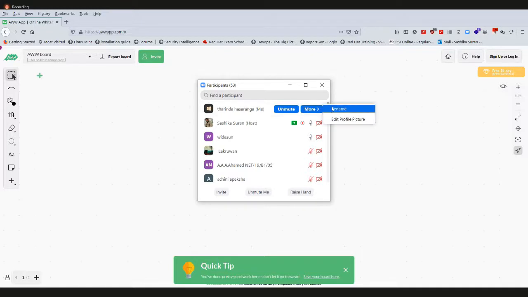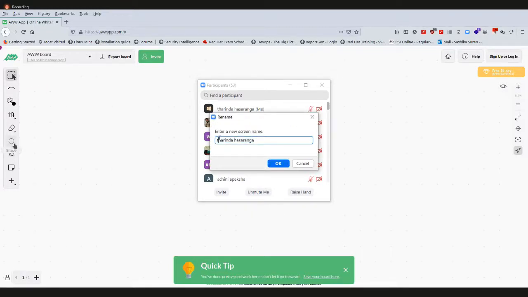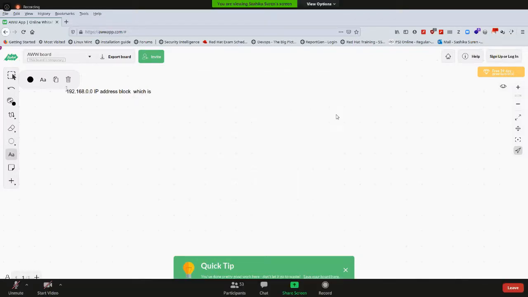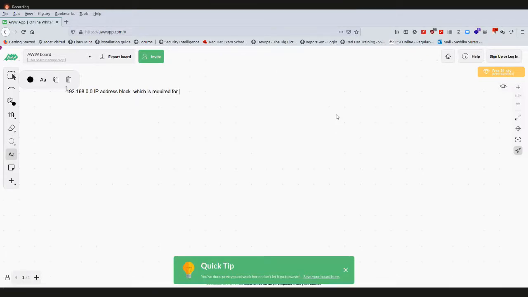Just think, they have said that you have the 192.168.0.0 IP address block. They didn't define anything else.